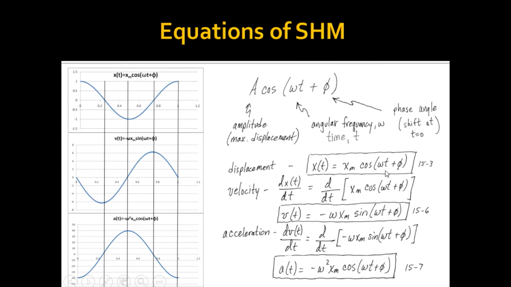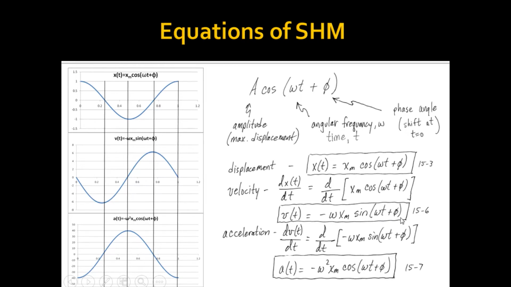We know that velocity is the derivative of displacement with respect to time. So down here, we've taken the derivative of equation 15.3, and we know that the derivative of cosine is negative sine, and then we multiply it by the derivative with respect to time of what's inside the parentheses. So that would be omega. So our velocity equation then is negative omega x max times sine of omega t plus phi.